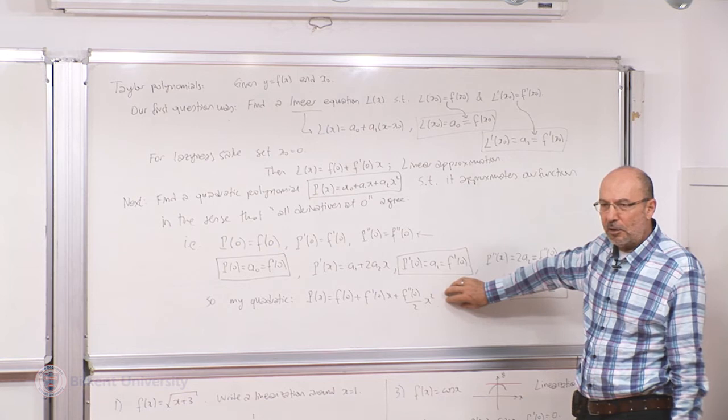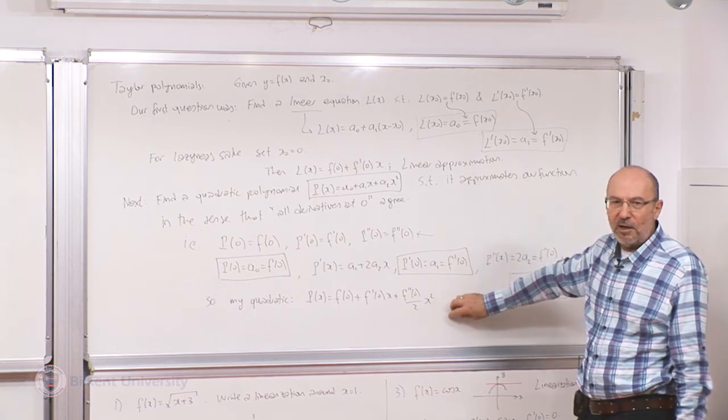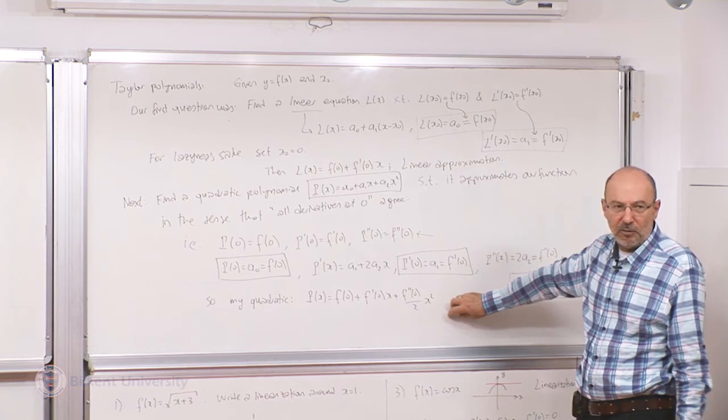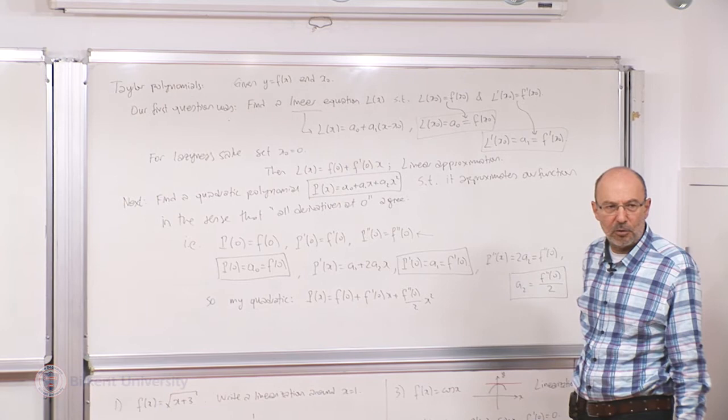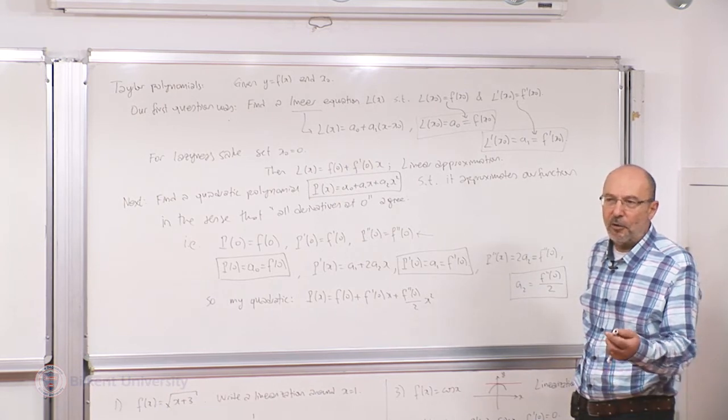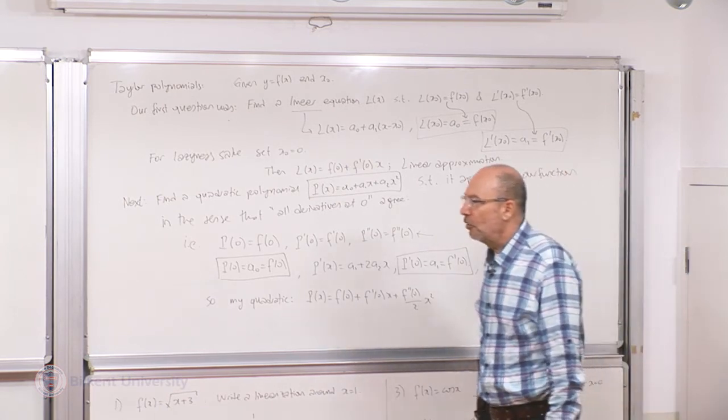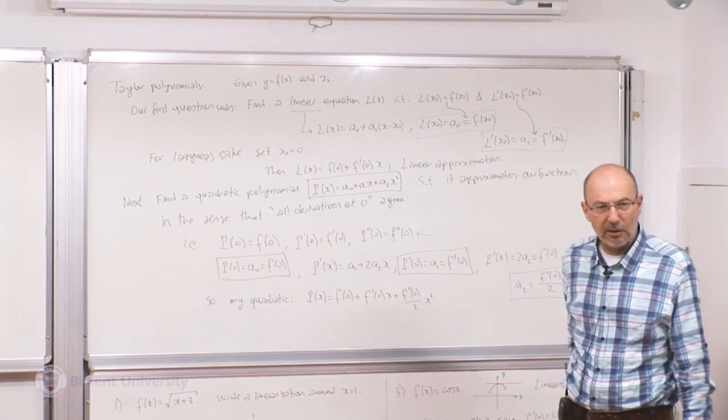That error is some number divided by n factorial. As n increases, of course, you are dividing things by larger and larger numbers, so the error becomes smaller for nice functions. Those nice functions we will call analytic functions.